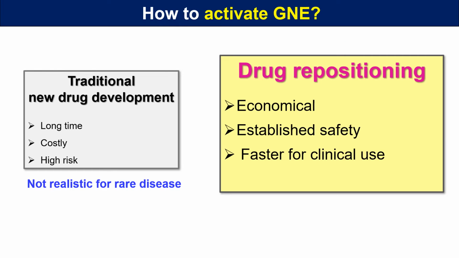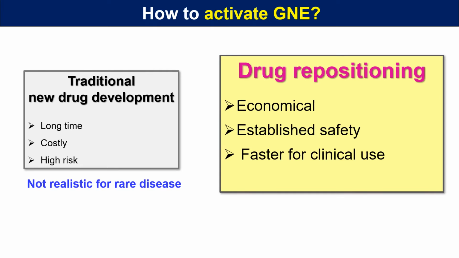And then how should we activate GNE MANAC kinase? So traditional new drug development by pharmaceutical companies is one way. But it is not realistic in the field of orphan drugs, and it takes a long time for the development of a new drug and costs so much.